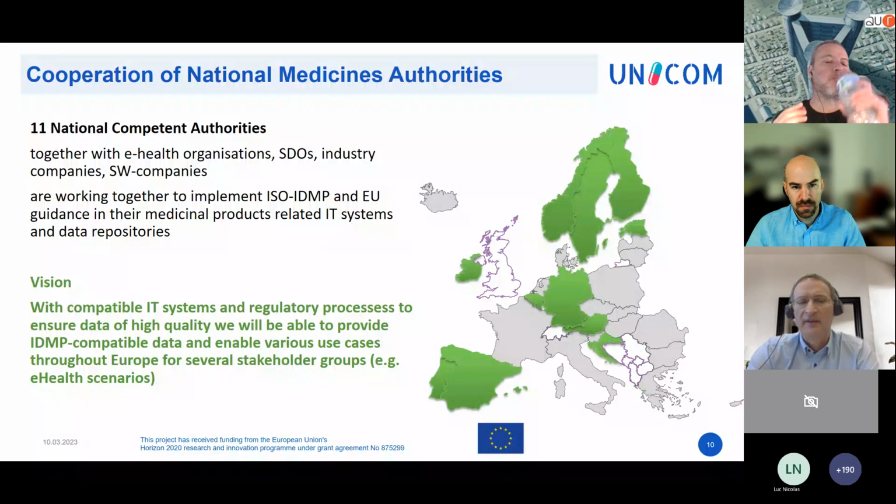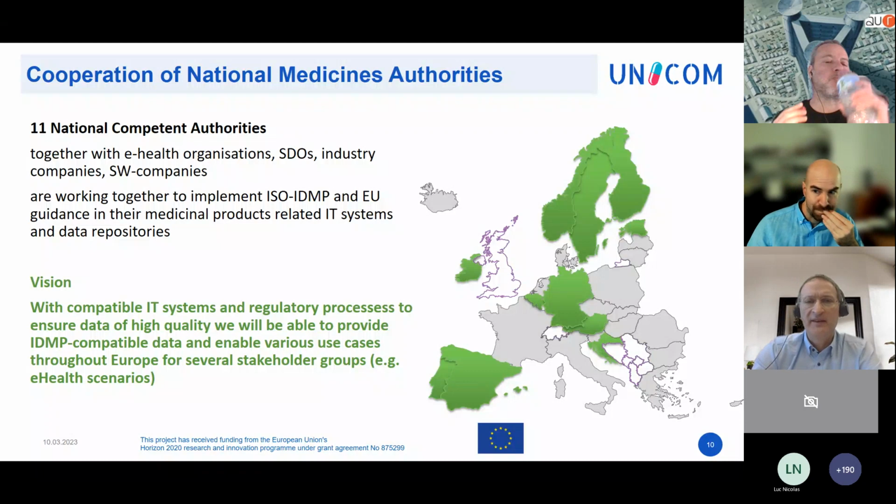For example, in cross-border scenarios, in drug shortage scenarios, in exchanging data between us regulators, or in providing data to common repositories like for SPOR PMS. So we are, in a way, building up the infrastructure where many use cases will rely on in the future.